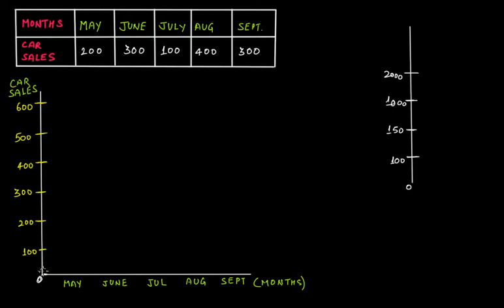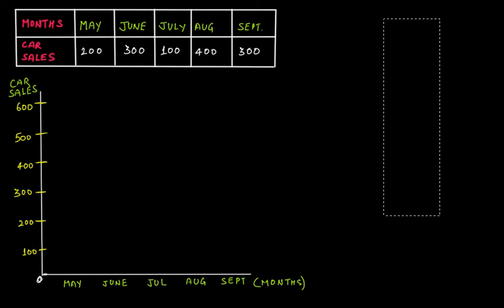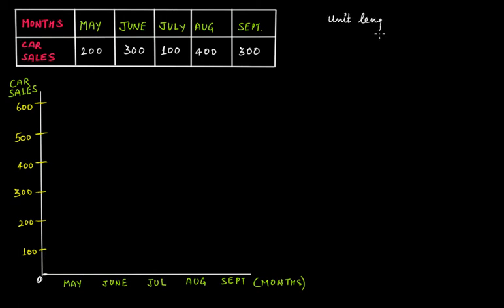Imagine that between 0 and 100 you have to take 100 steps, 1, 2, 3, 4, 5, you'll take 100 steps, then you'll reach 100. Then another 100 steps you'll reach 200. Then another 100 steps you'll reach 300, and in a similar fashion. Okay, so this is the important thing, that the unit length should be same.